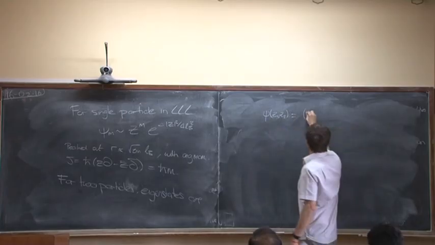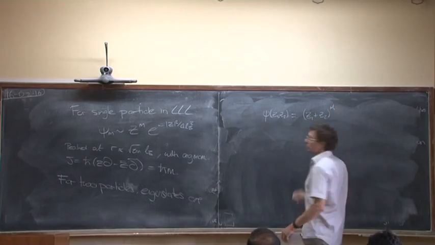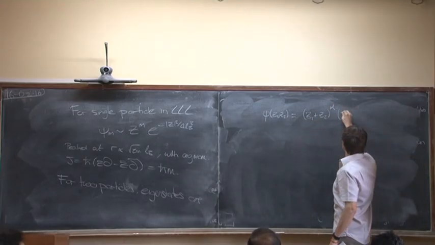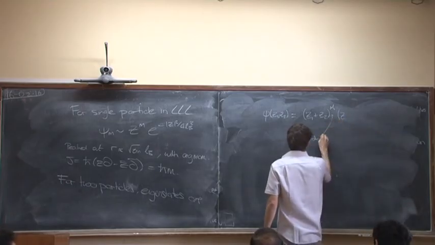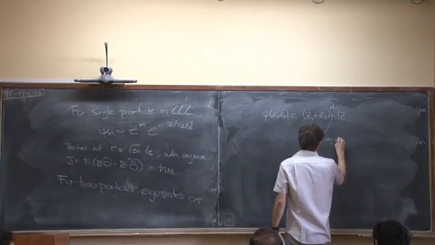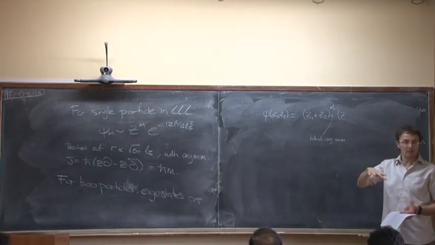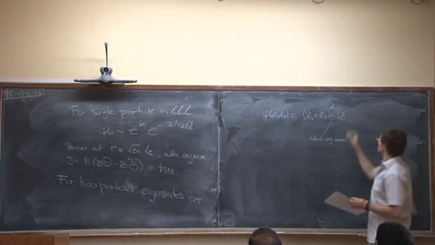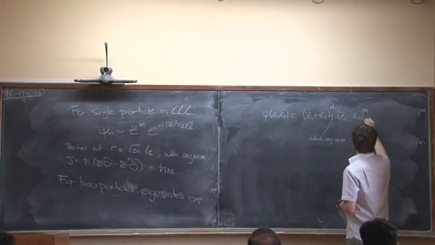The center of mass is just a statement that the whole thing can classically move around. So this is the total angular momentum. But if you restrict to the lowest Landau level, there's a unique eigenstate that has a particular relative angular momentum, which is this.